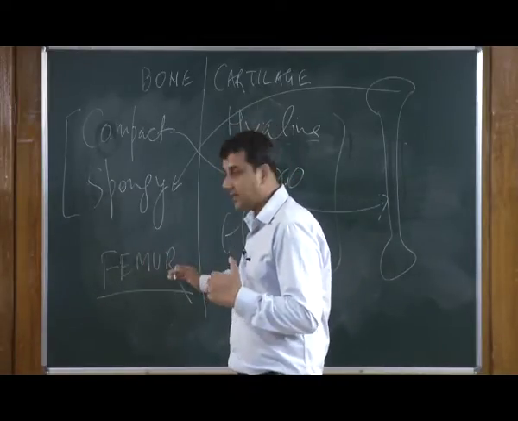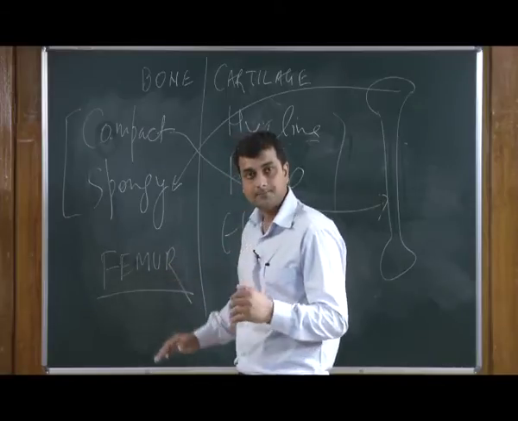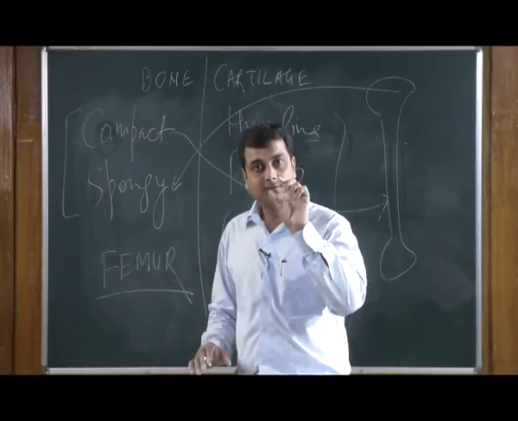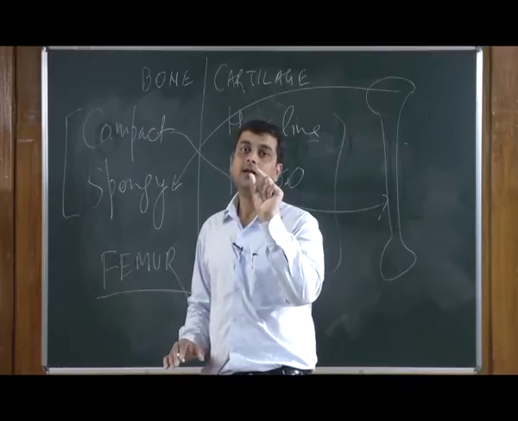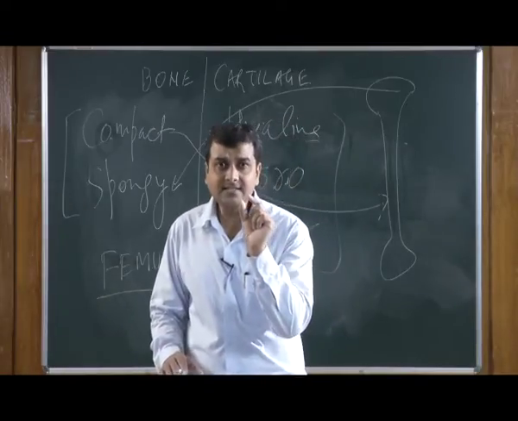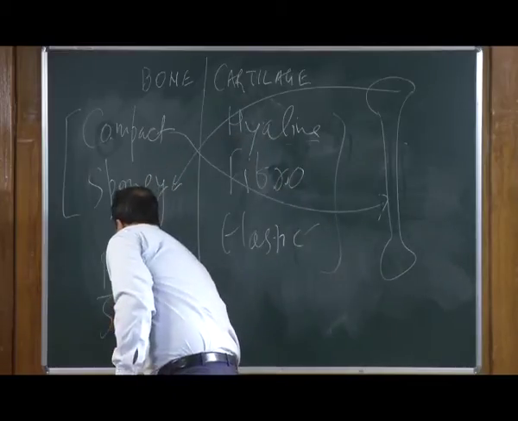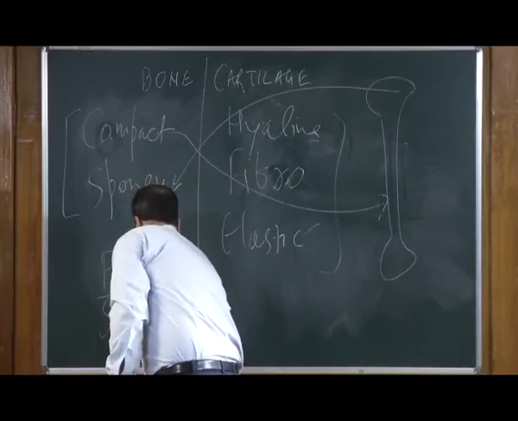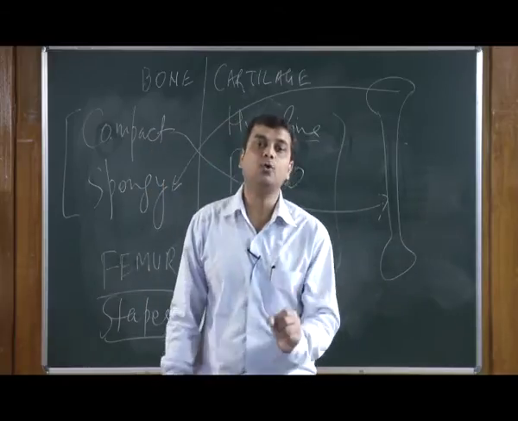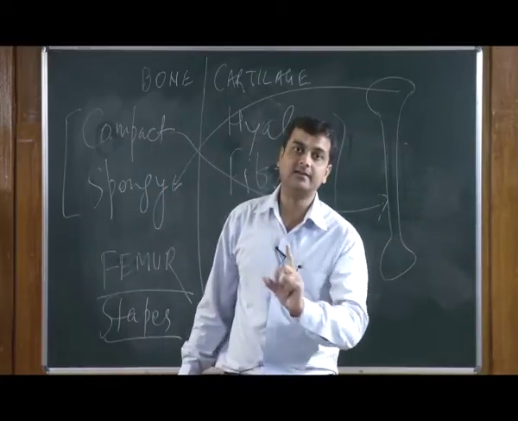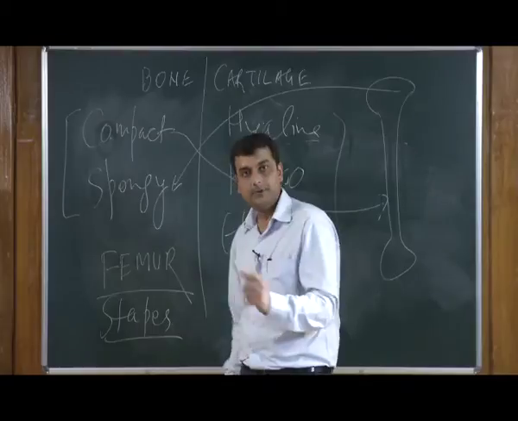So, the longest bone is the femur, and the smallest bone is the one located in the middle ear, called the stapes. Stapes is the smallest bone in the body, located in the middle ear region.